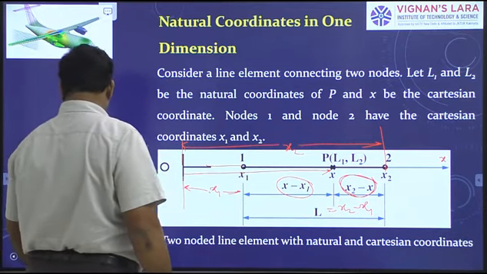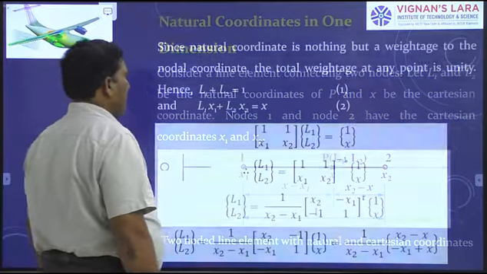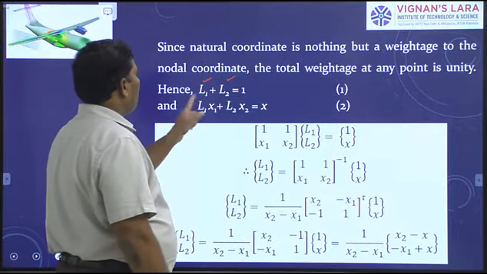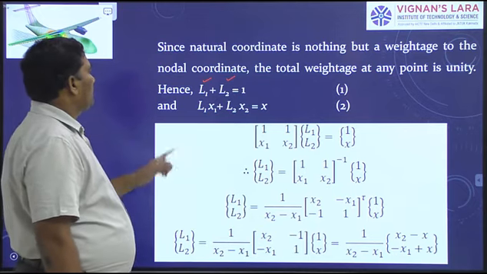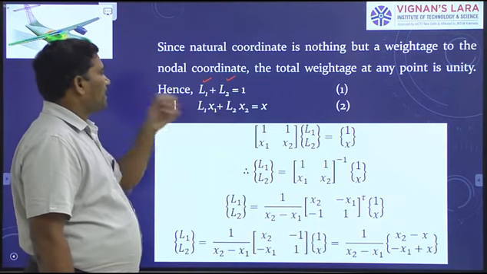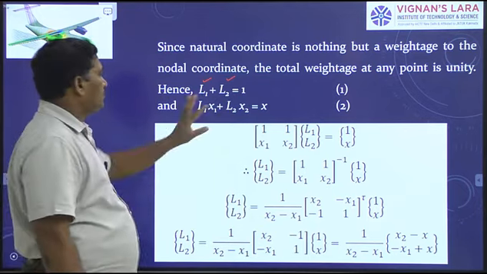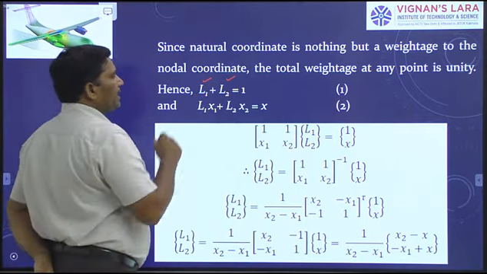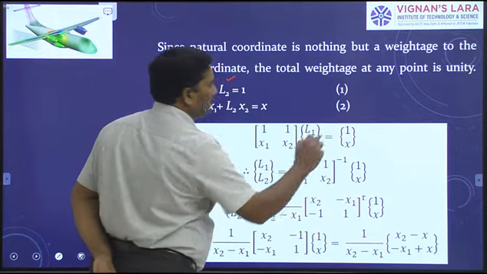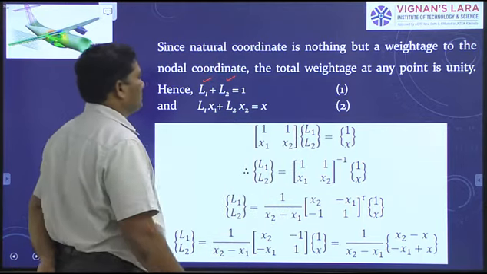Now, L1 plus L2 equals 1. Now, L1 x1 plus L2 x2 equals x. We have two equations with two unknowns. These two equations we can represent in matrix form.